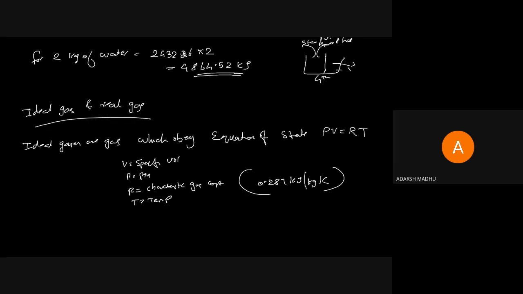In your textbook by Rajput, it is shown that it is derived from two basic laws, that is Charles law and Boyle's law. I think you have already studied these laws in our plus two chemistry.